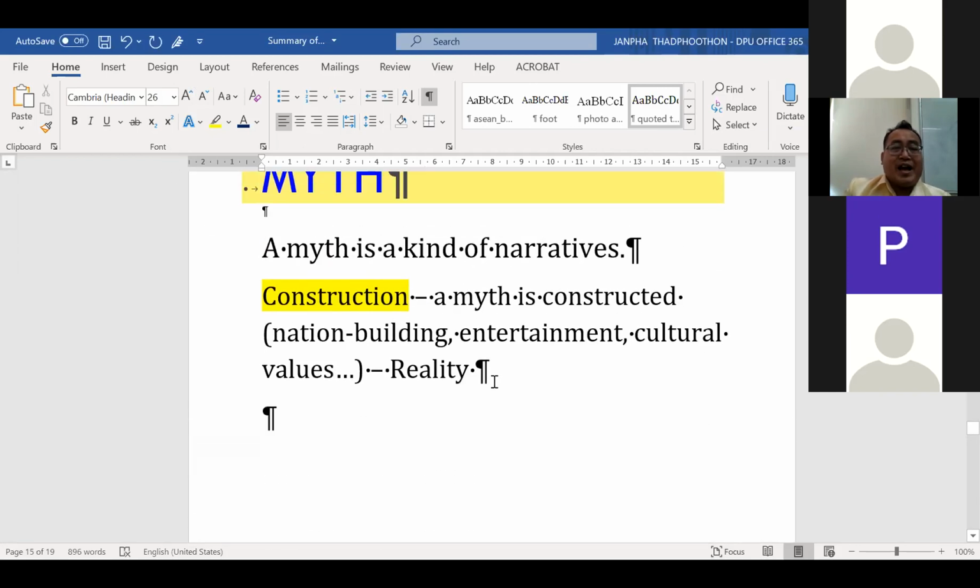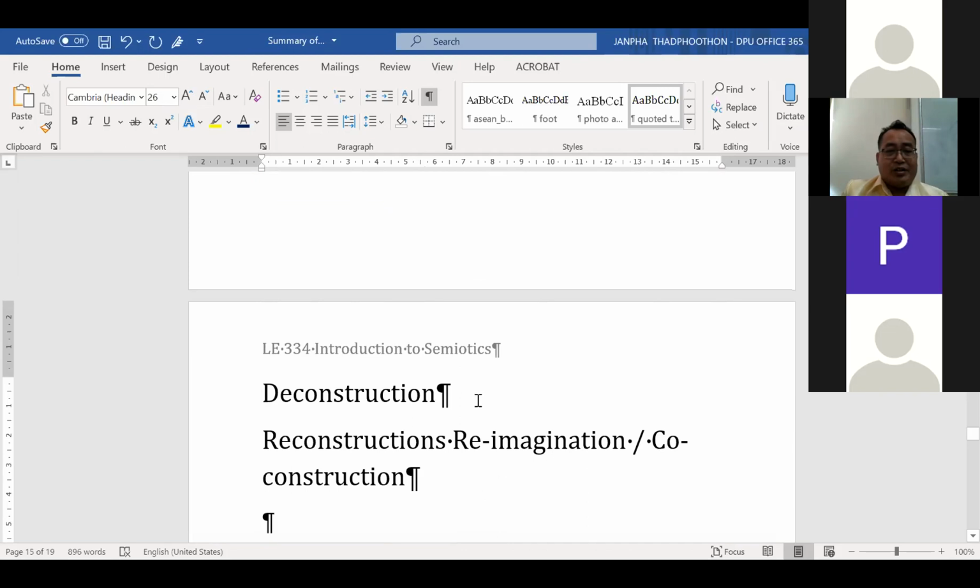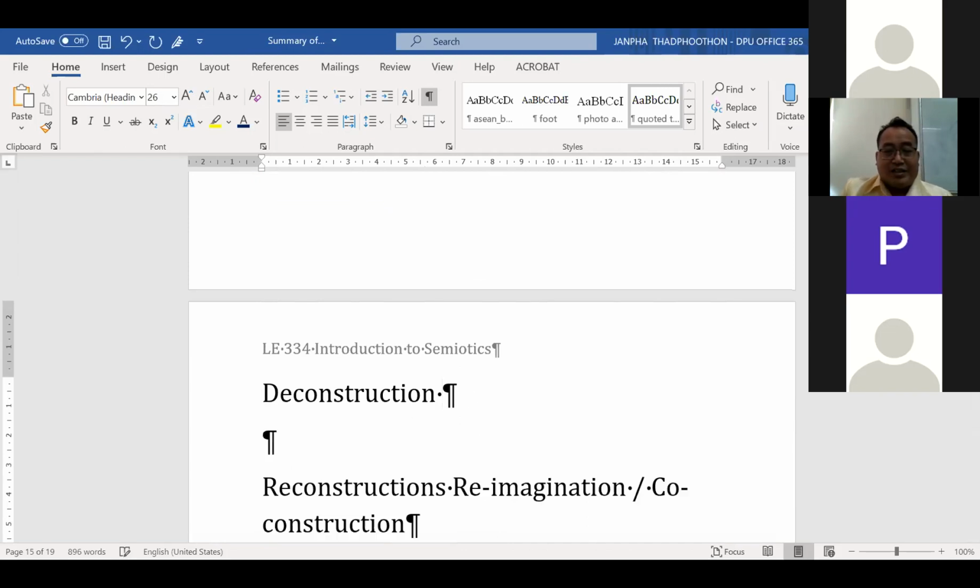So coming down from the construction is the concept of deconstruction. You need to demystify something.